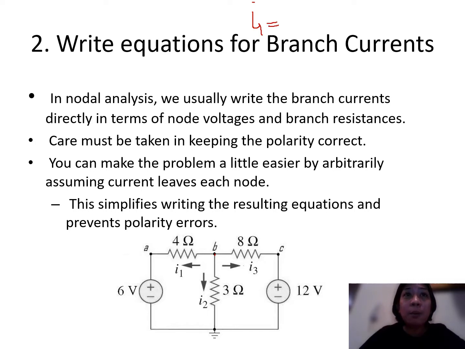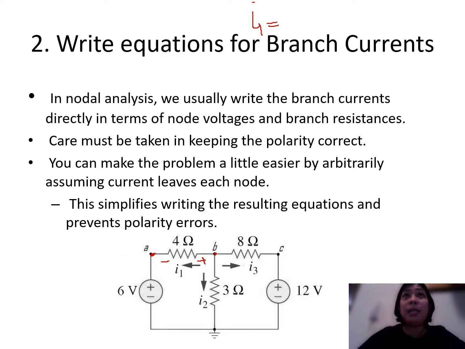I1 is between VB and VA. If we look at the polarity or direction, this is positive where current is entering, and this is negative where current is leaving. Therefore, with respect to VB and VA, VB is positive with respect to VA.